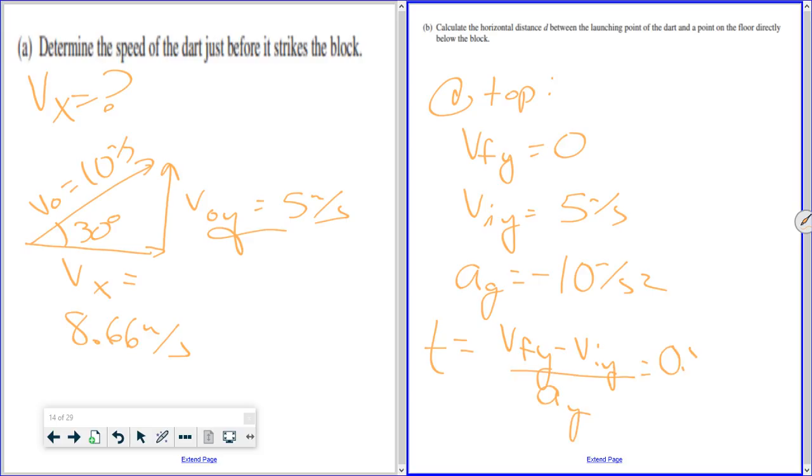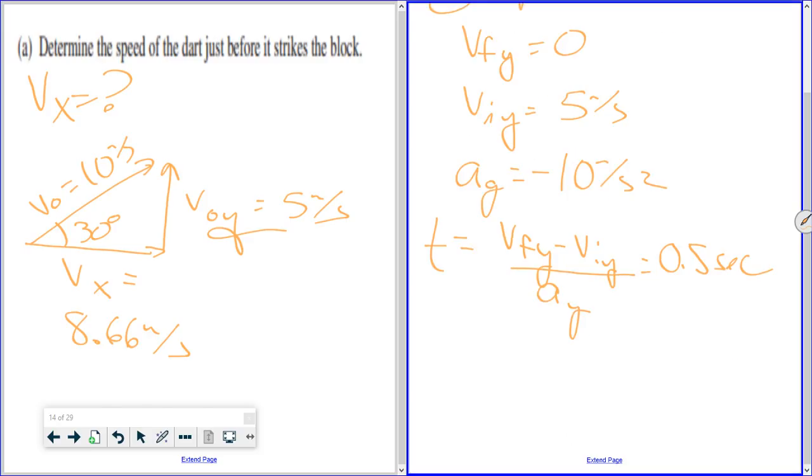To get half a second. Follow? So then you just do delta x times t. So d equals, I'm sorry, Vx times t. So 5 times, why am I dumb? 8.66. Oh, thank you. 8.66 was our Vx. Thank you.